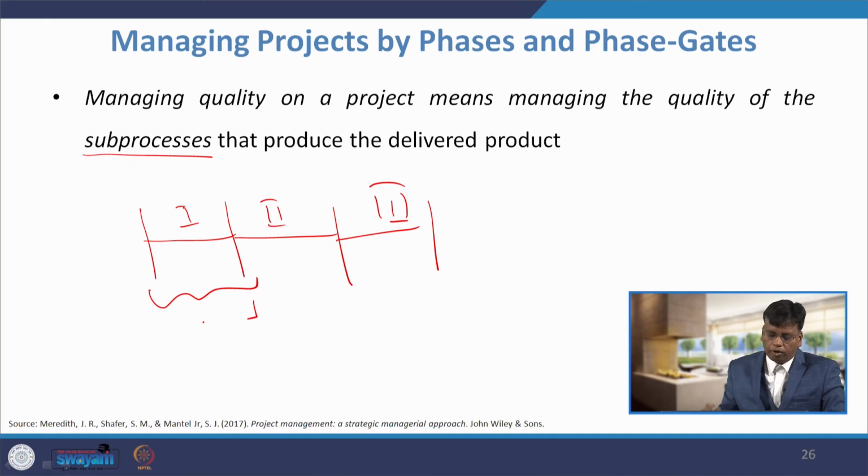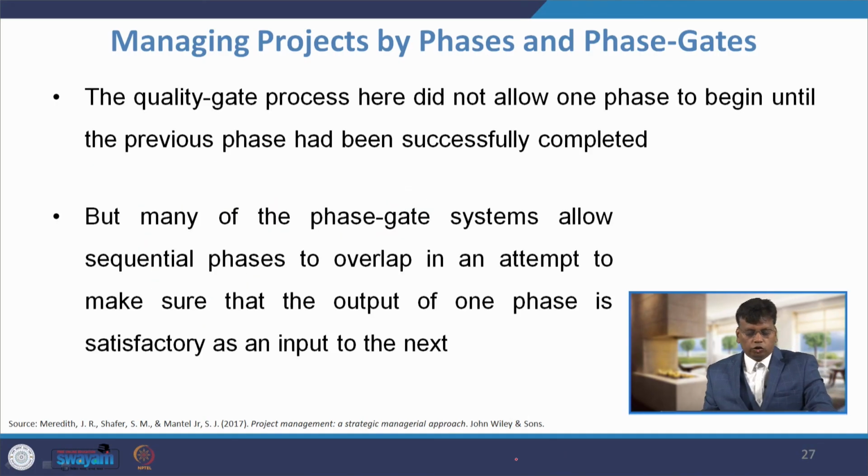So, the overall project quality is the quality of the sub processes. The quality gate process here did not allow one phase to begin until the previous phase had been successfully completed. The purpose of the quality gate process is to take care that unless it meets the quality, it will not be allowed to go to the next phase.